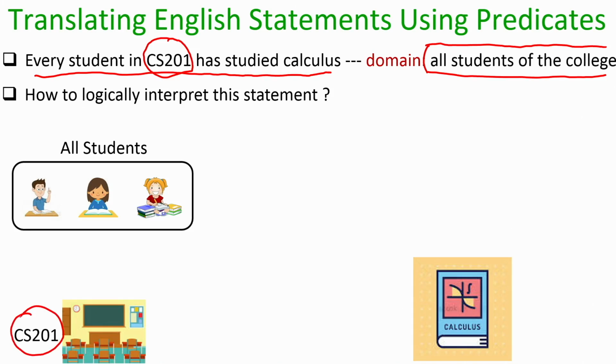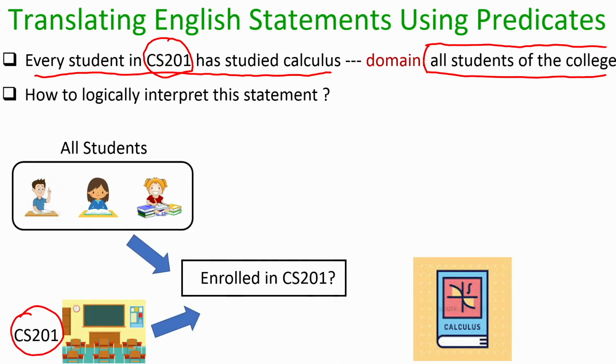The property that I want to represent from this logical statement is the following. If x1, x2, x3, x4 and xn are my students of the college, then I want to represent the fact that if x1 has enrolled in course number CS 201, then he has studied calculus.